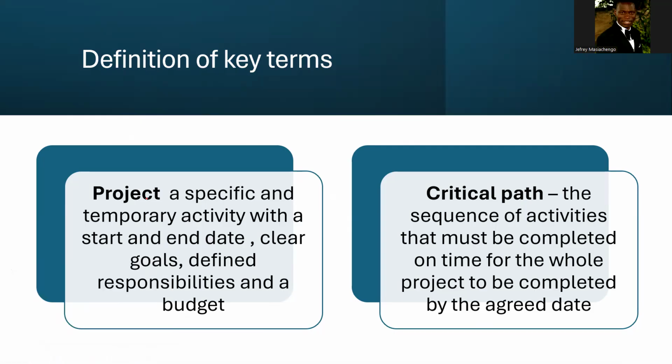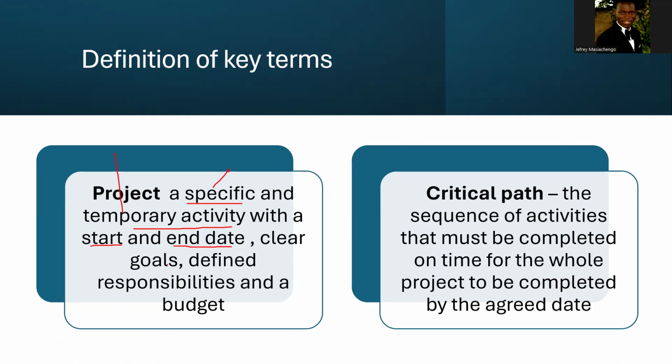A project is a specific and temporary activity. Something that is specific, and something that is temporary. It's not permanent, right? And that activity should have a start date and an end date.